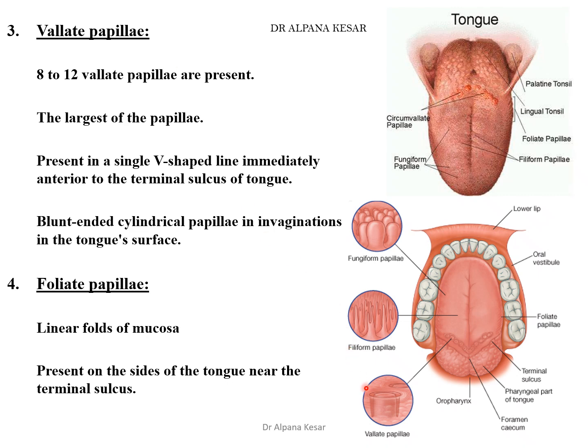Circumvallate papillae are 8 to 12 in number and are the largest of all the 4 papillae. They are arranged in a single V-shaped line just in front of terminal sulcus.